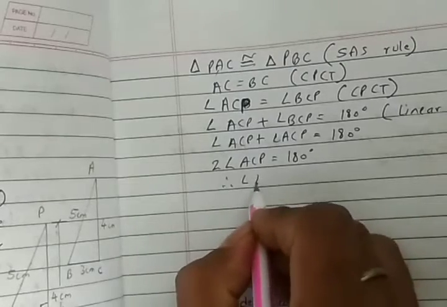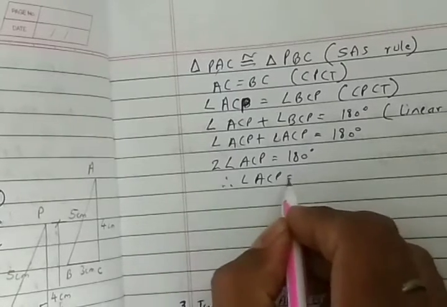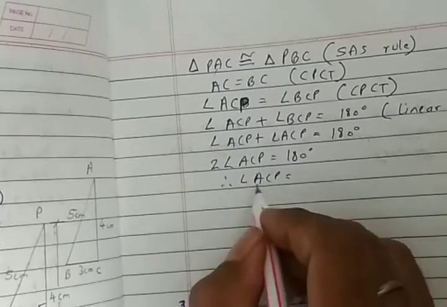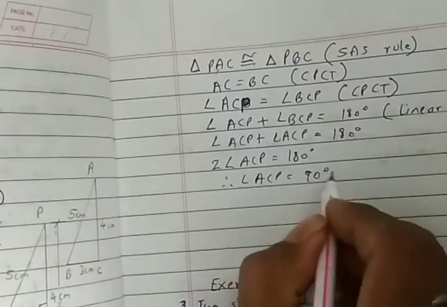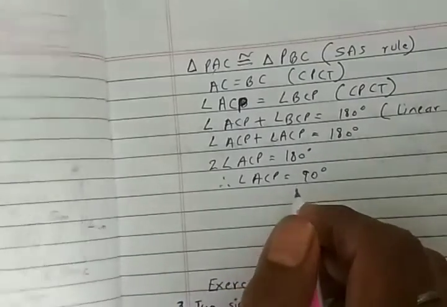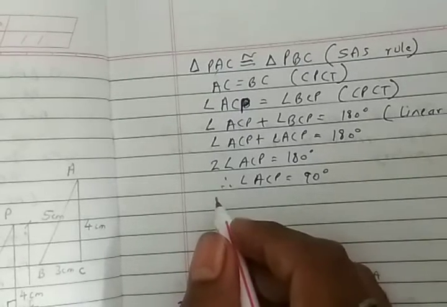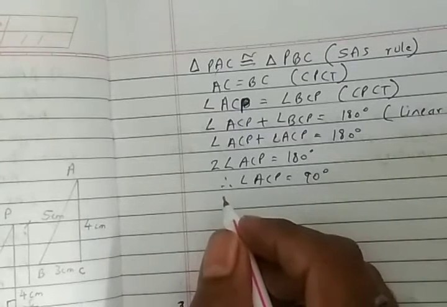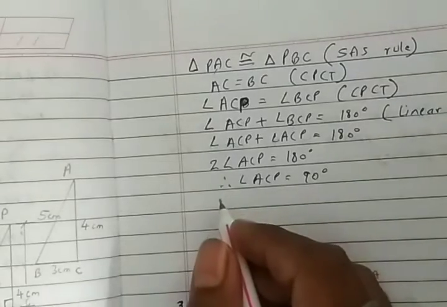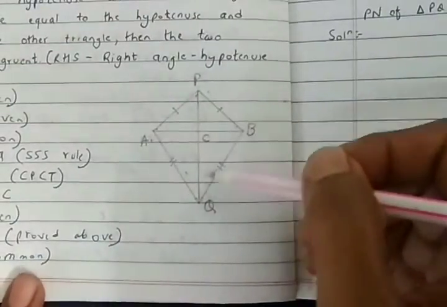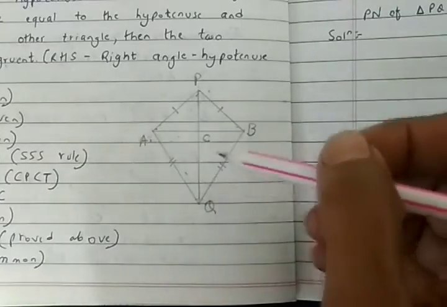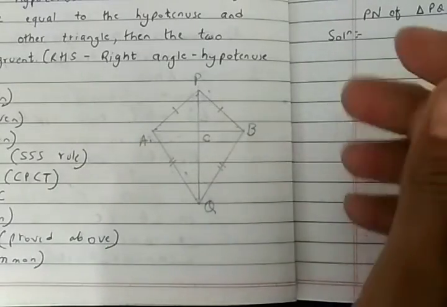Therefore when we solve this, we will get the value of ACP as 90 degrees, right? So now with this you can conclude that PQ is perpendicular to AB. Okay, thus we have proved this.